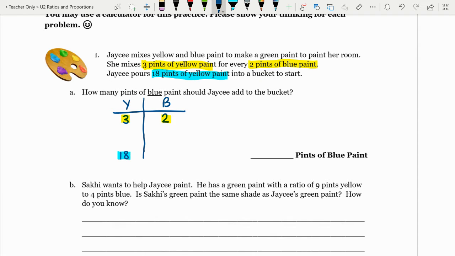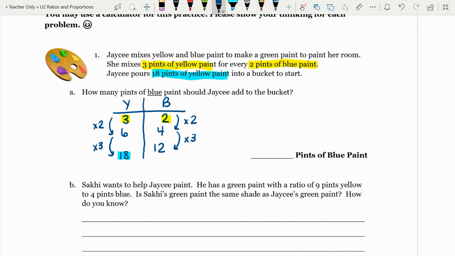So the first ratio, 3 to 2, what I'm seeing is if we multiply that entire ratio by 2 on both sides, right, for the yellow and blue paint, we should get a new ratio of 6 to 4. Again, it's an equivalent form, but it's going to help us because at that point, we can take the 6 yellow, multiply by 3 to get us to the 18 that we want.